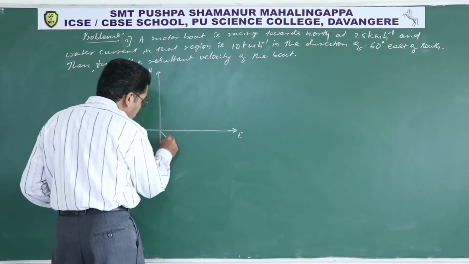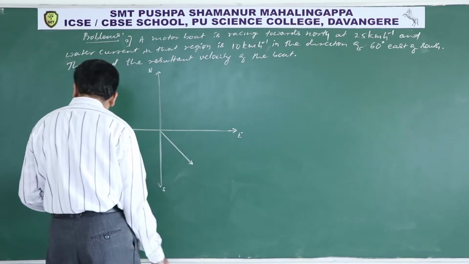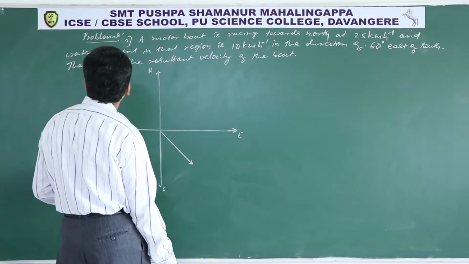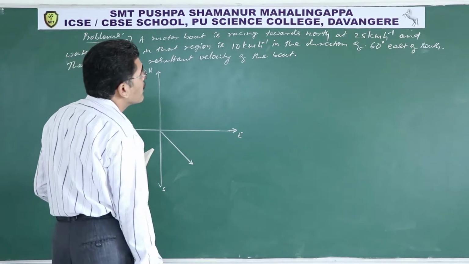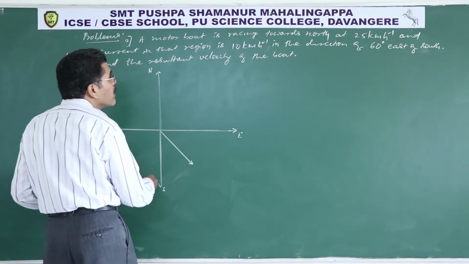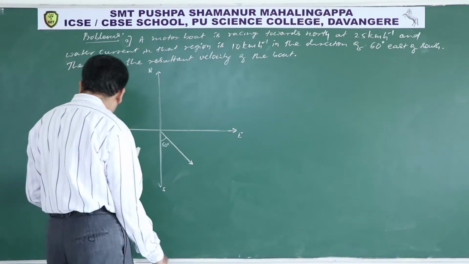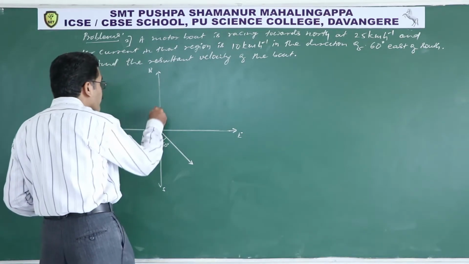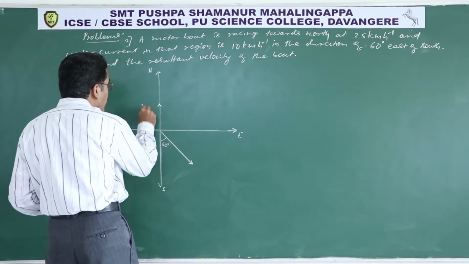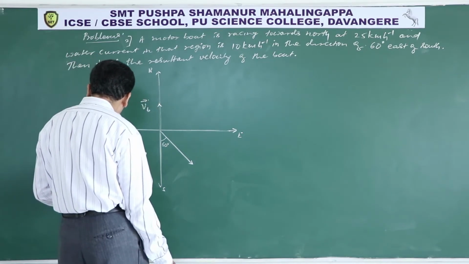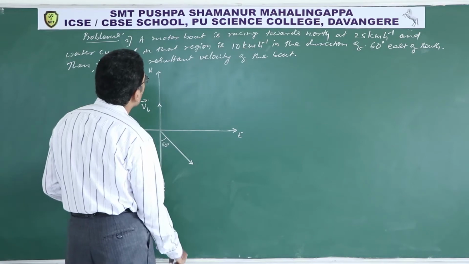This is the water current, and 60 degree east of south. This is 60 degree. And the boat is moving in the north direction. This is the velocity of the boat, this is the velocity of the water current.